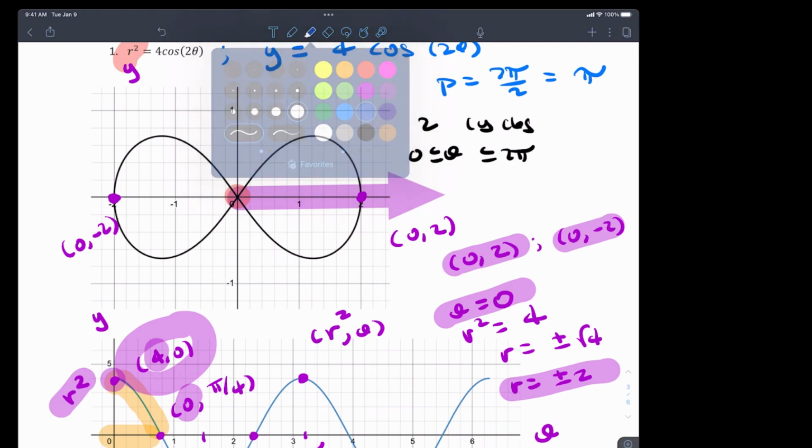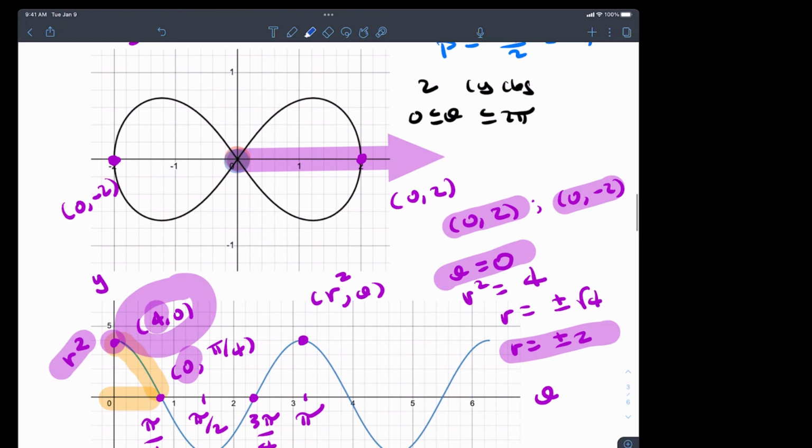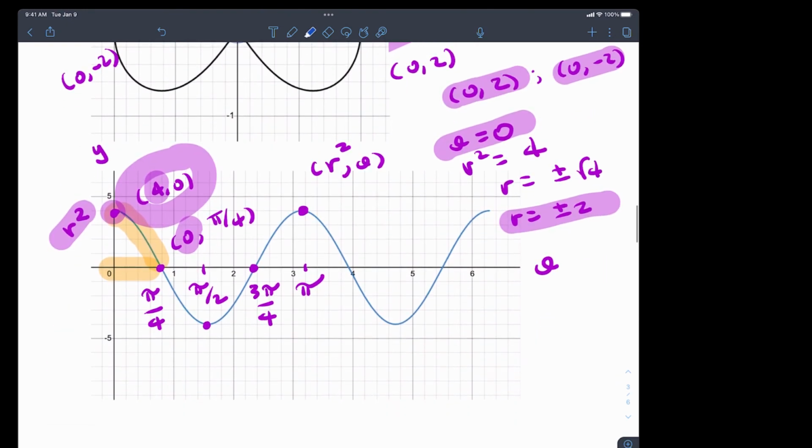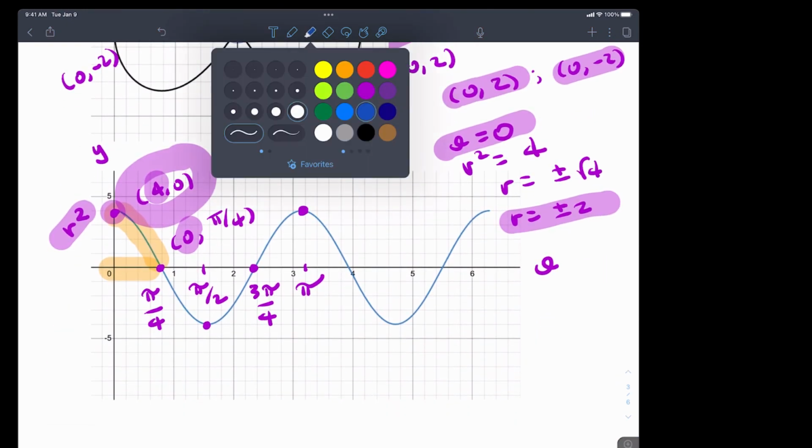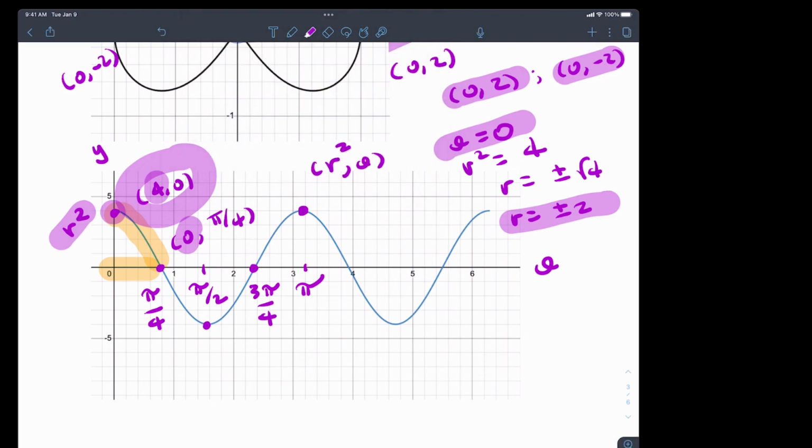So this one is extremely interesting here. There's your pole. And you say, well, how do I then go from 0 degrees to 45 and my radius is 0? Well, if r squared is 0, you guys know, what does it mean if r squared is 0? That just means r is 0.